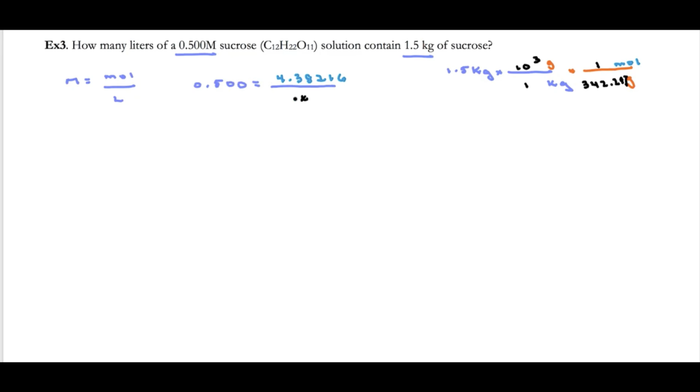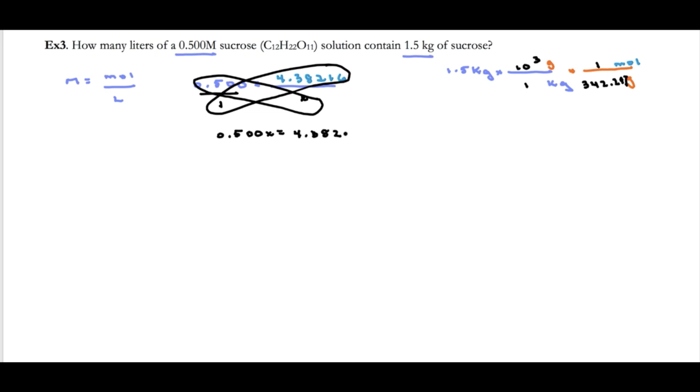Remember, if you're ever given a fraction with an equal sign, all you have to do to solve for an unknown is cross multiply. So this is going to be 0.500x equals 4.38216 times 1, which is just 4.38216.